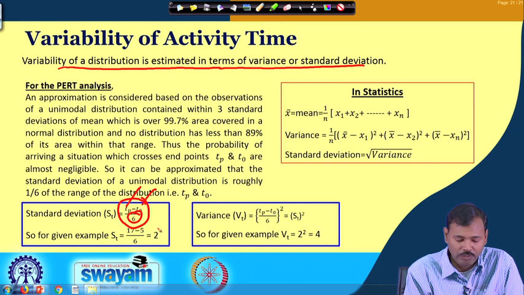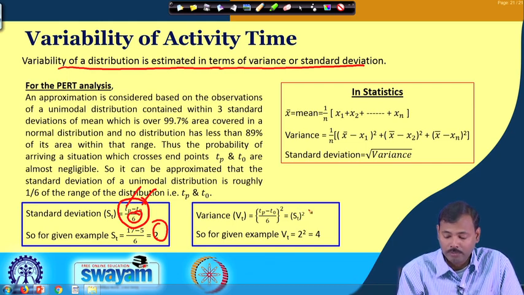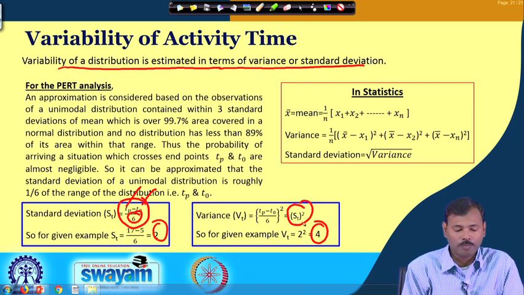So, for this given case it is 17 minus 5 by 6. It is coming to 2, and variance is the square of the standard deviation. So it is 2 squared, which is 4.